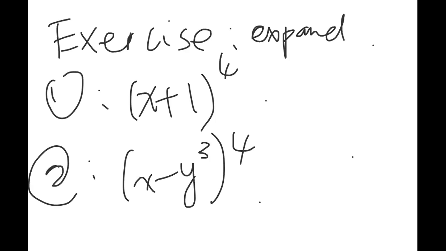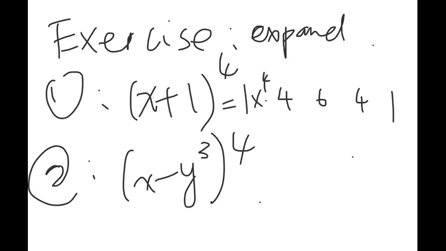All right, let's go over the first one. The binomials for the fourth power are 4 choose 0, 4 choose 1, 4 choose 2, 4 choose 3, and 4 choose 4. Right, that is 1, 4, 6, 4, 1 for the coefficients.